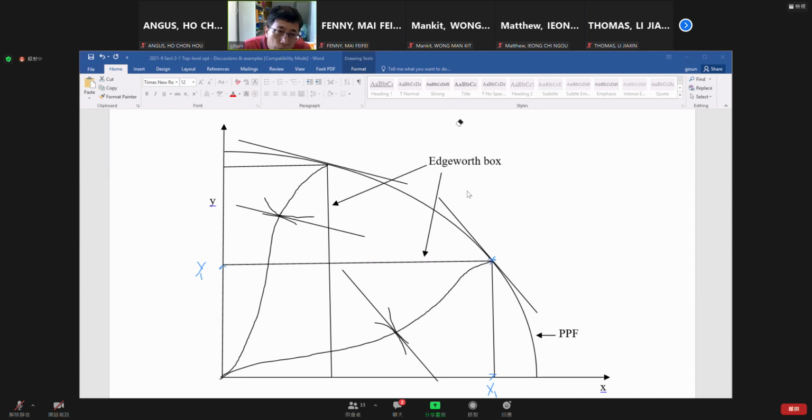On each point, let me try to draw something for discussion. For example, this for Alice and another for Bob, and they share the same marginal rate of substitution. So this point is one exchange optimal solution.